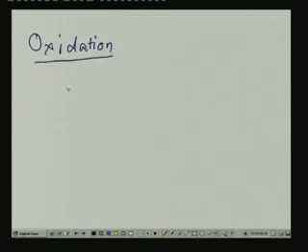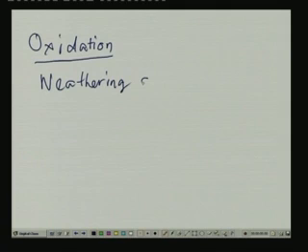Then we have got oxidation. Let's consider an oxidation process, the weathering of olivine. Olivine mineral.